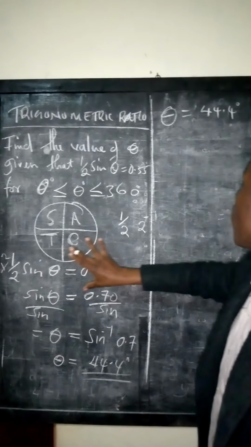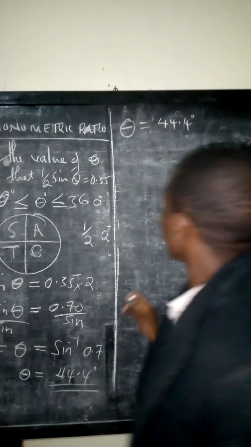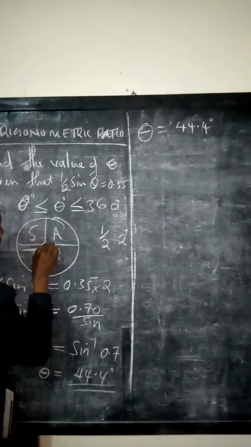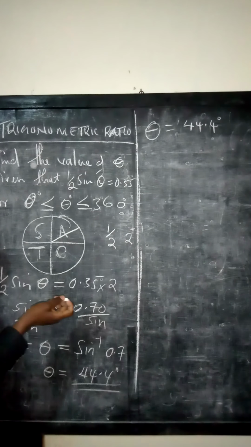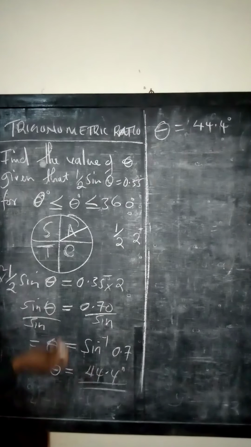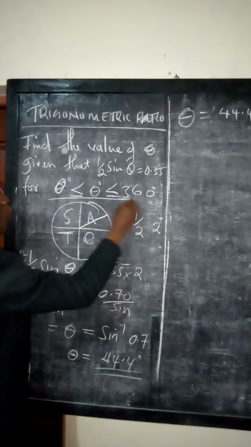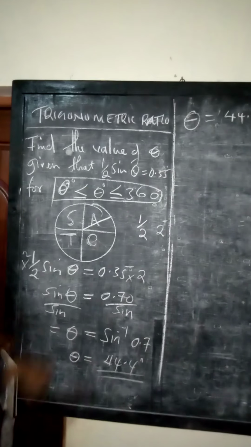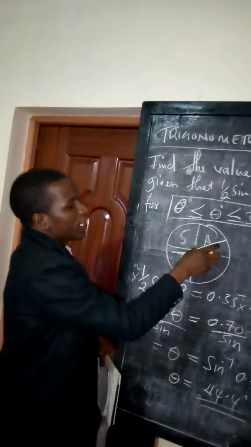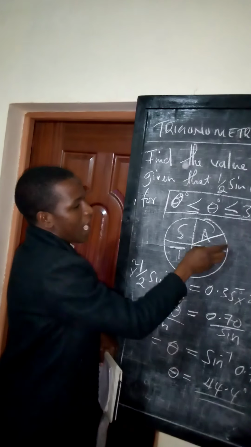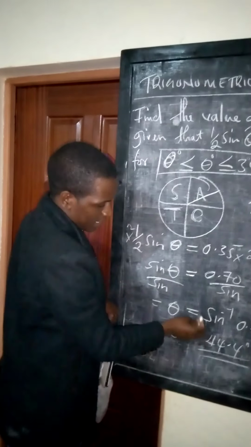Using our unit circle, if this is the first angle, we can find another angle. Remember we said all angles in the first quadrant are positive. So if that is the first angle, which is an acute angle of 44.4 degrees, we need to find another, remembering that in the range there are no negative angles. So we need positive angles. And in this case, our sin theta is positive.